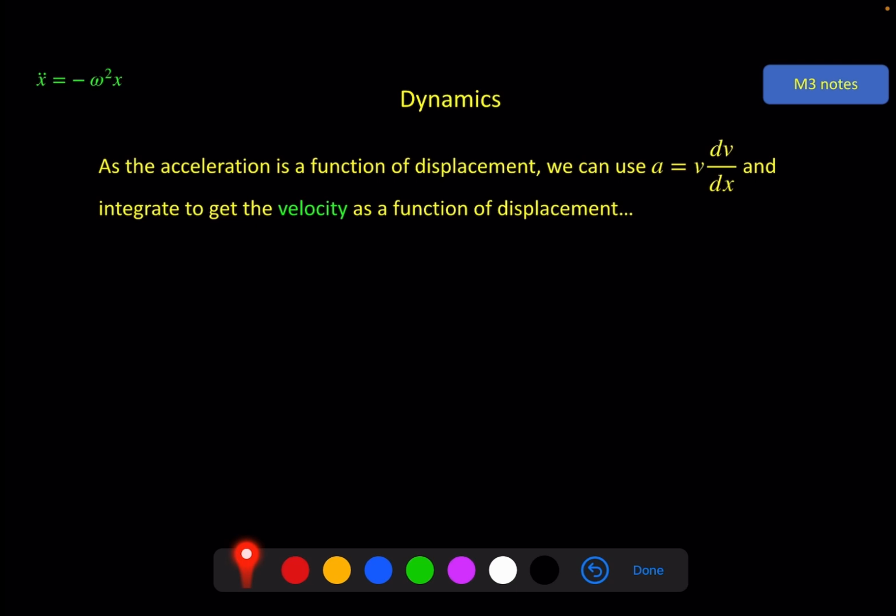So to help us define the velocity, we can use a is equal to v dv by dx, if you remember your work on kinematics from previous chapters and modules, and we can integrate this to get velocity in terms of displacement x.